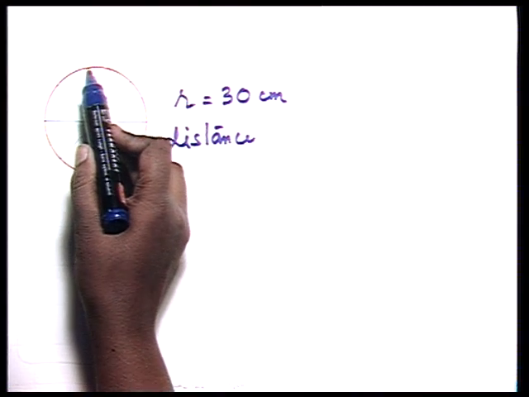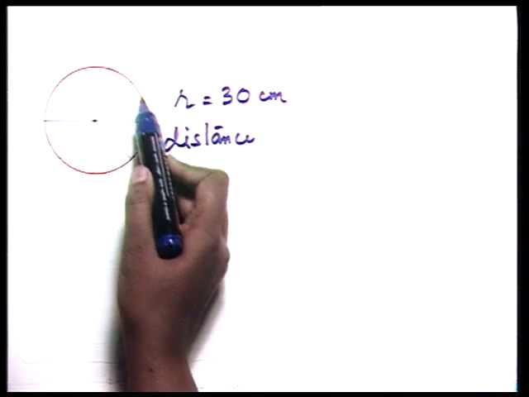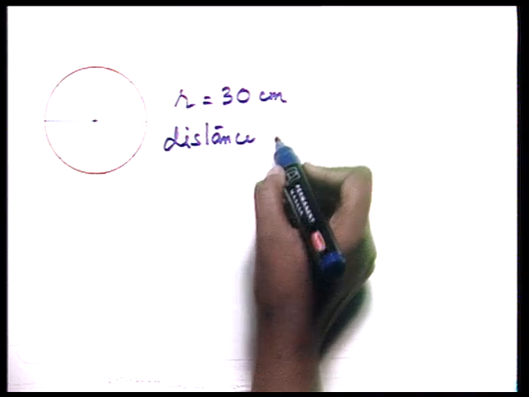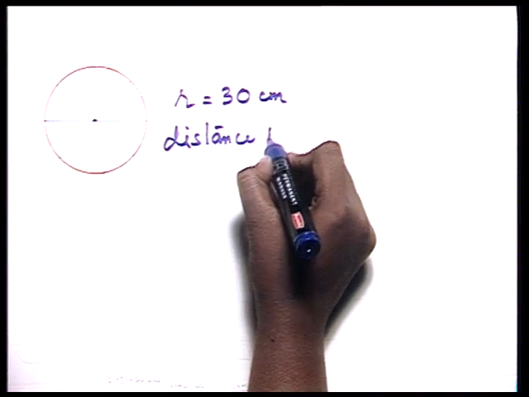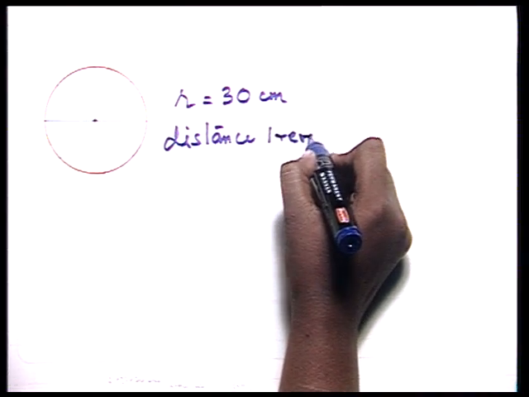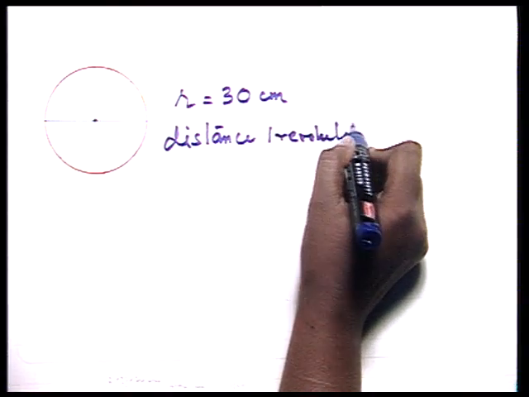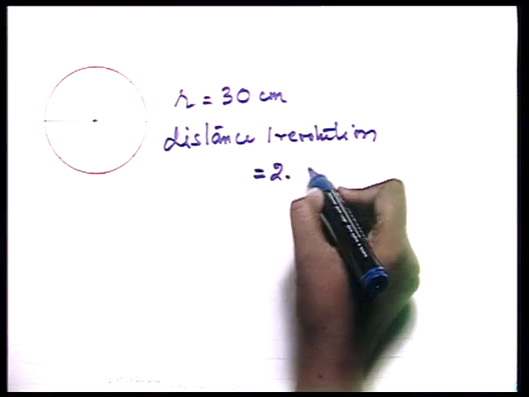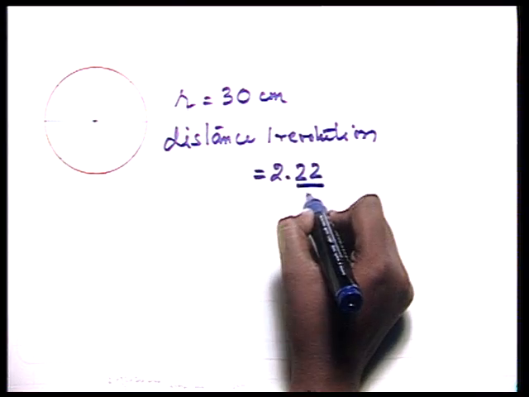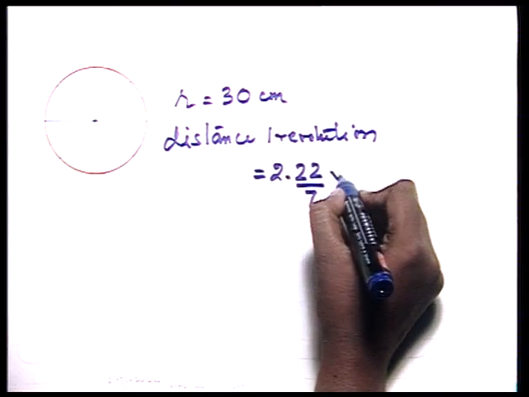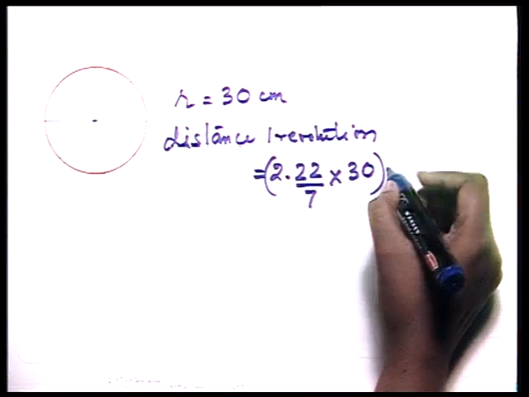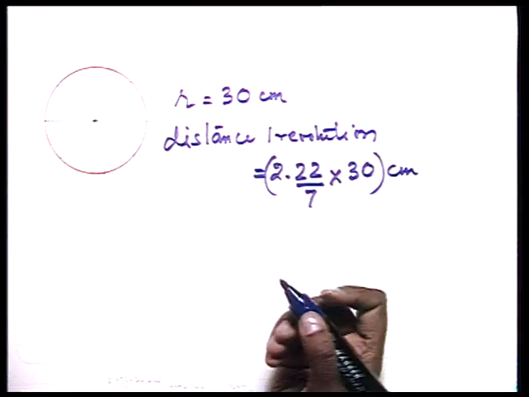The distance covered by the wheel in one revolution will be nothing but the circumference of the circle. So, the distance covered in one revolution will be equal to 2 pi r, that is 2 times 22/7, taking pi as 22/7, into radius 30 centimeter. So, this is the distance covered by the wheel in one revolution.